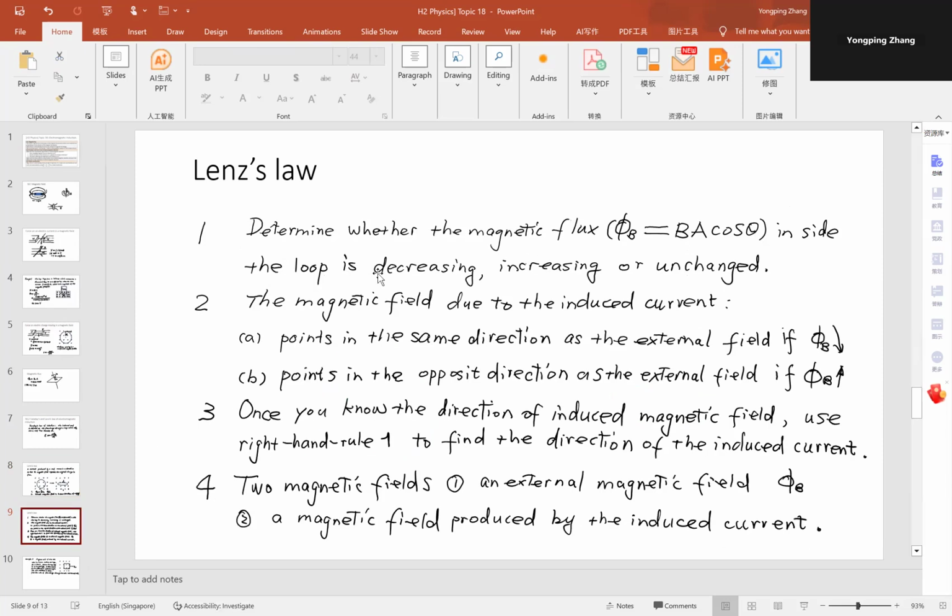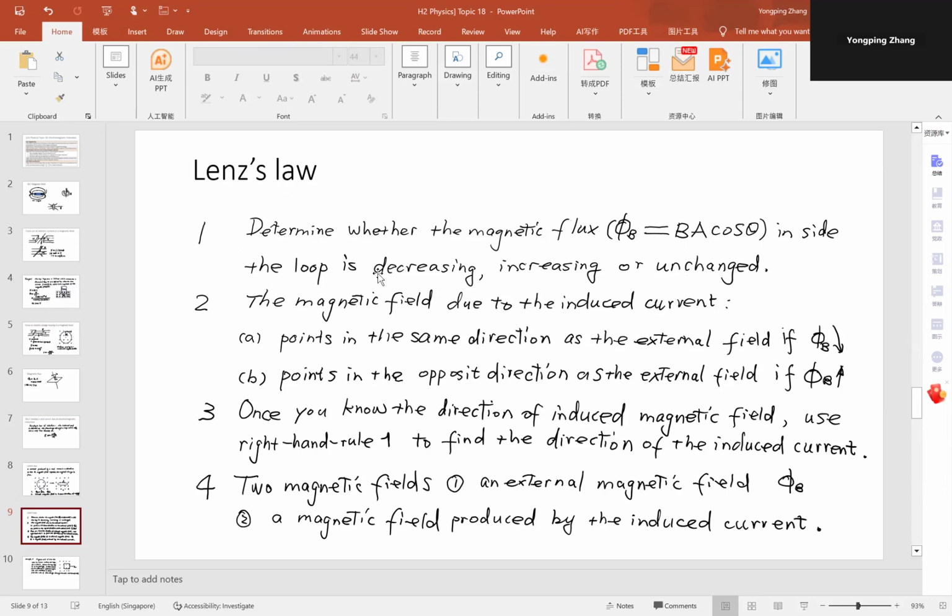For Lenz's law, the first step is to determine whether the magnetic flux inside the loop is increasing, decreasing, or unchanged. First, determine the original magnetic field in the loop.